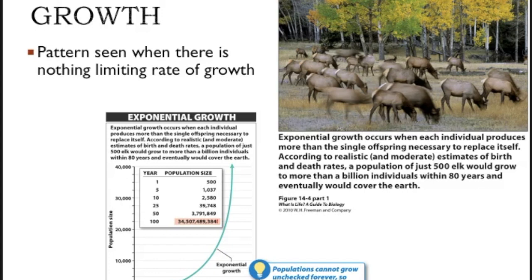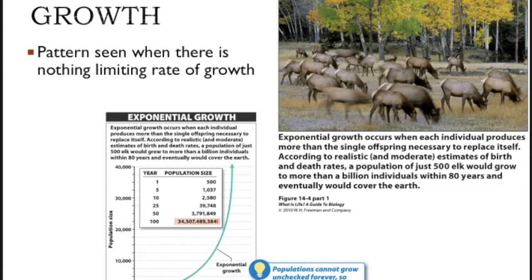Over the course of 80 to 100 years, those elk would completely cover the earth. So there would be 34 billion elk on the planet within 80 to 100 years if nothing kind of got in the way of that.